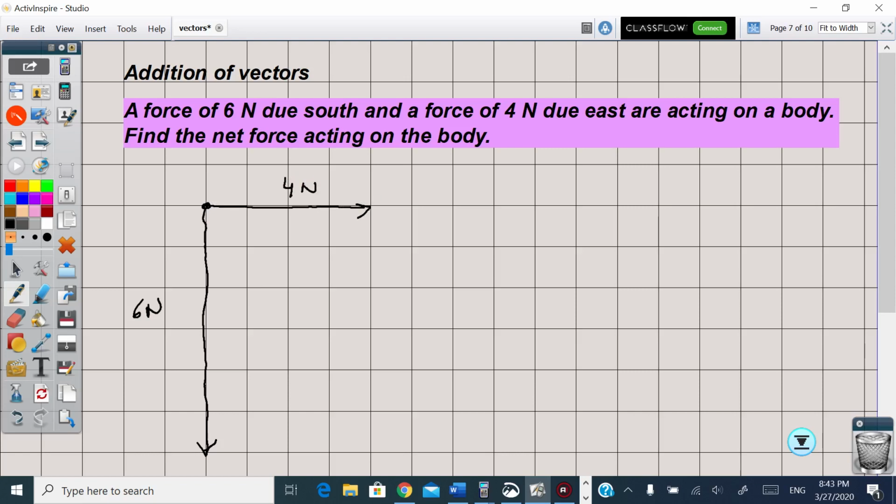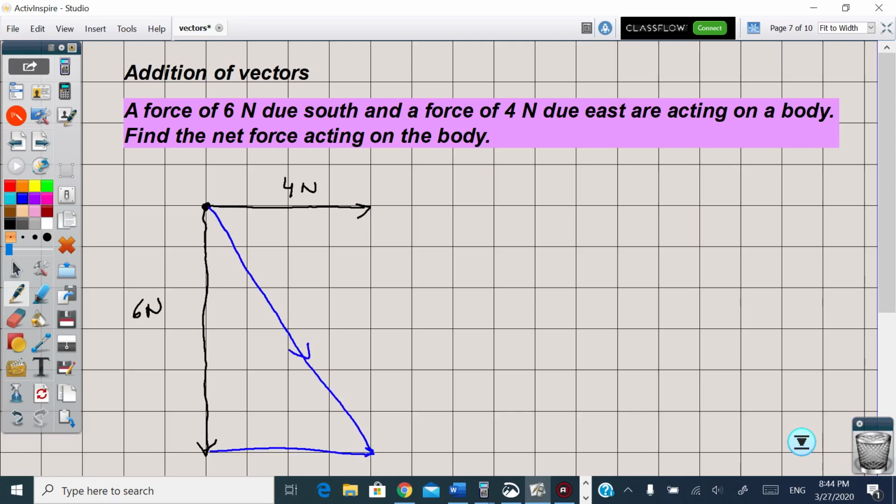Now obviously, when you have a body under the influence of 2 forces in this direction, then it will move somewhere in between. And it's easy to imagine that we have equivalent forces to this, and you close the triangle.